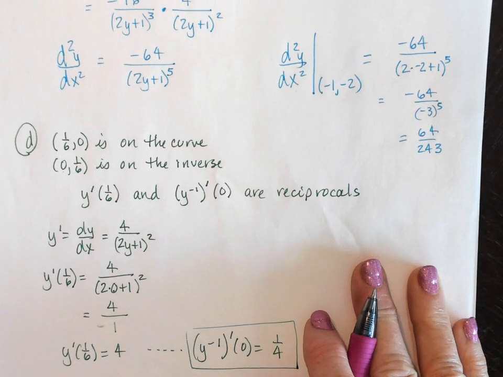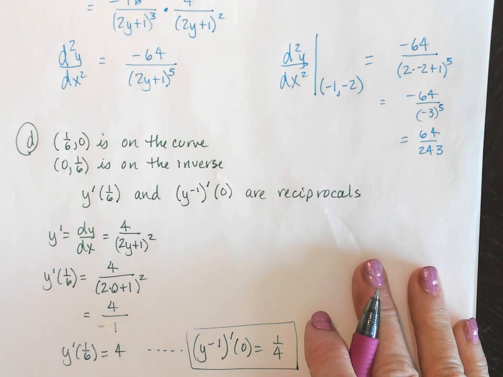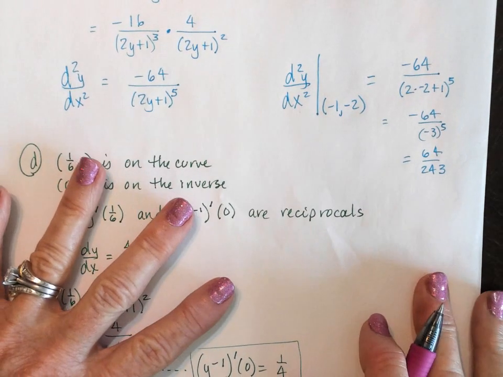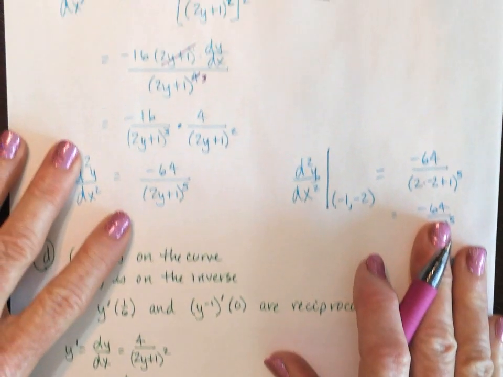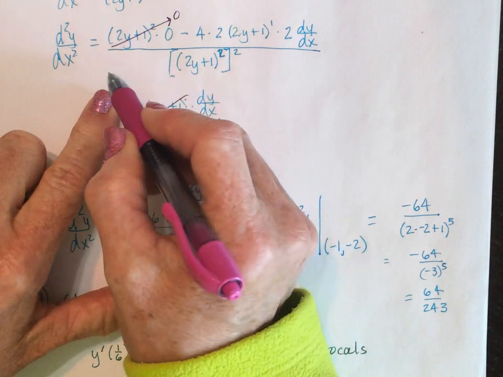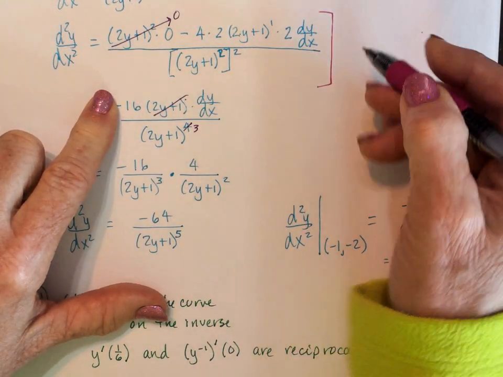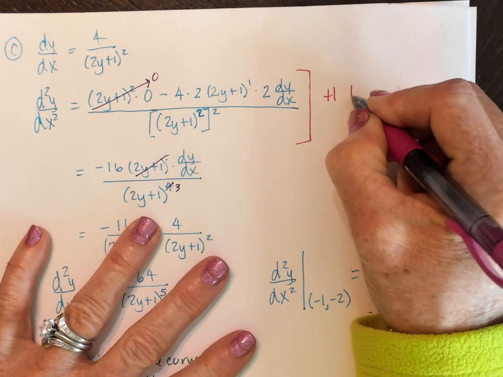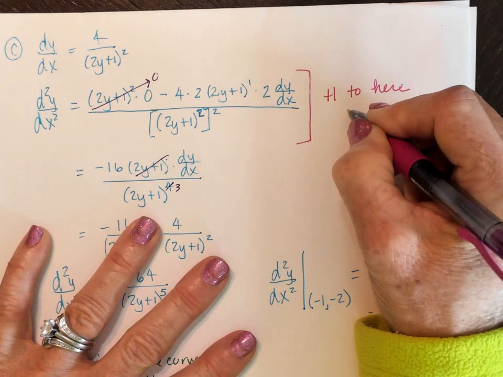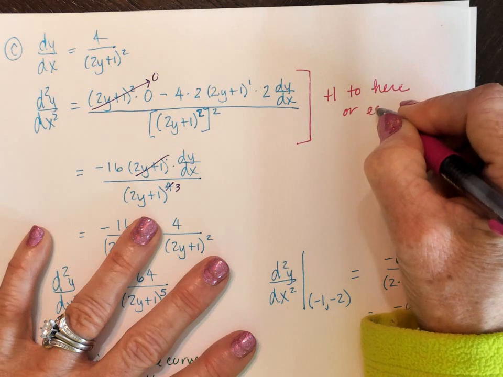Part C, they gave us 1 point to do the implicit differentiation, plus 1 to here, or some equivalent form.